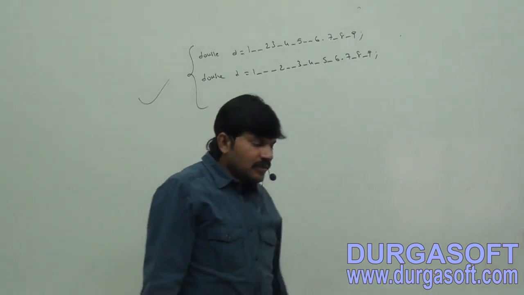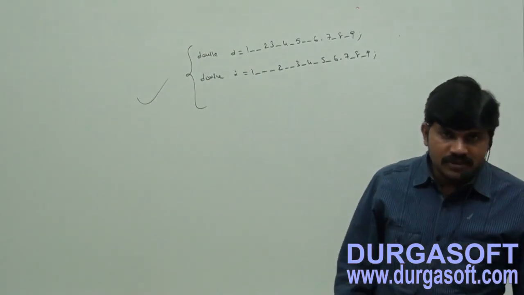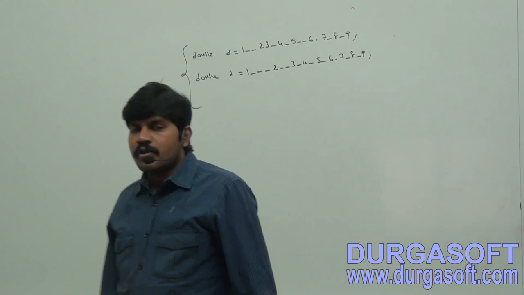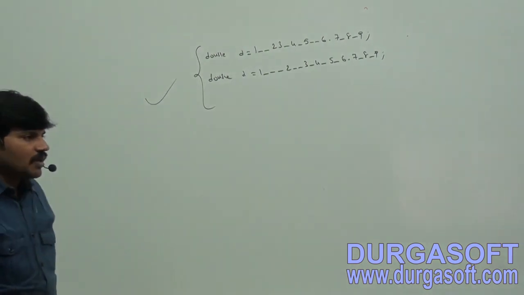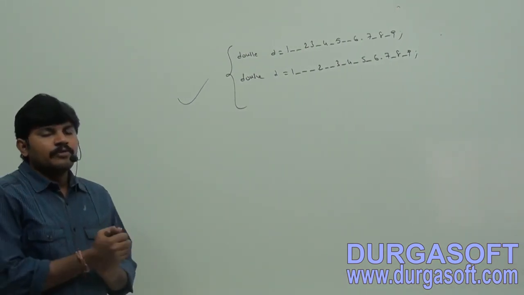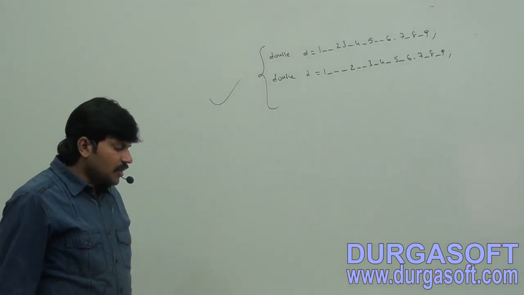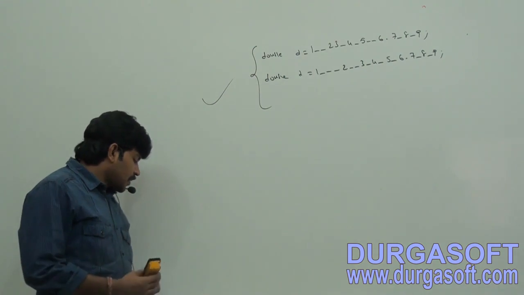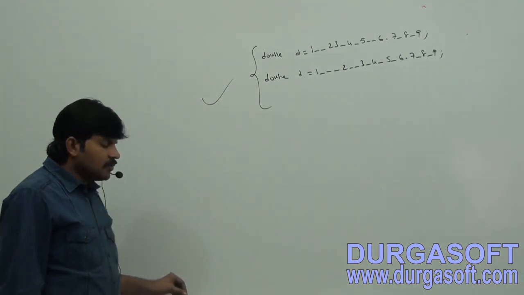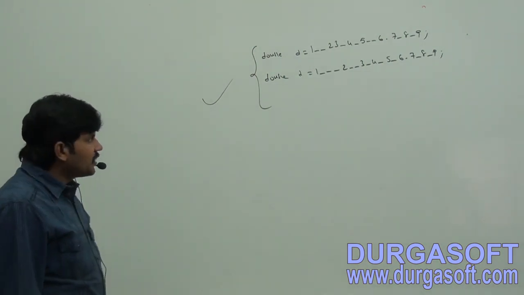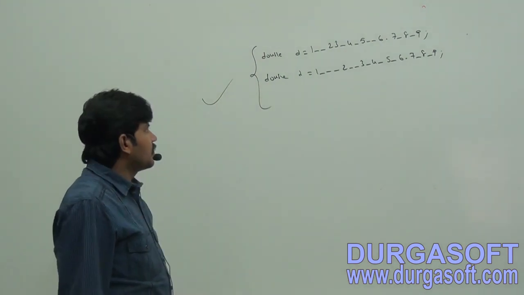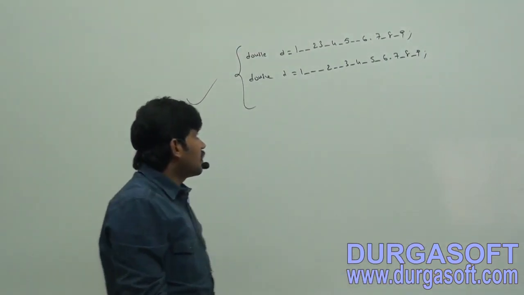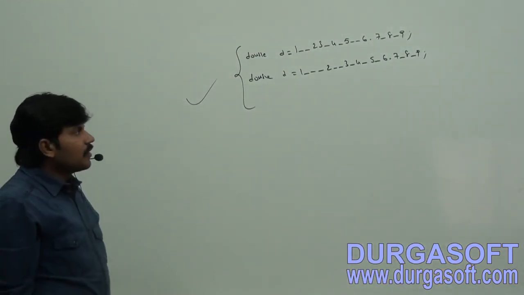We can use more than one underscore symbol also between the digits. For example, double d = 1__23__4.